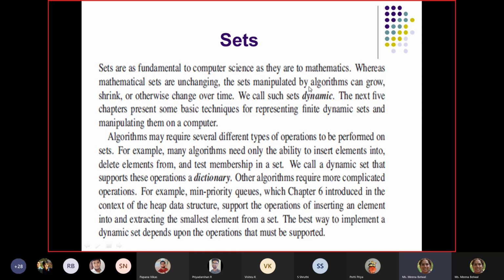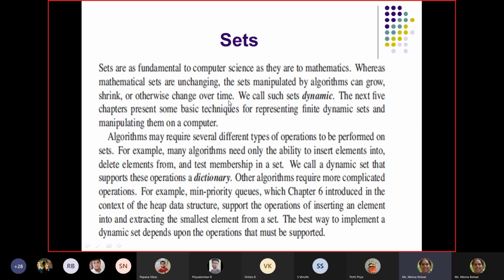But what is the difference between the sets we talk about in computer science and the sets we study in mathematics? The sets that we study in computer science are manipulated by algorithms. They can grow, they can shrink, or they can even change over time.